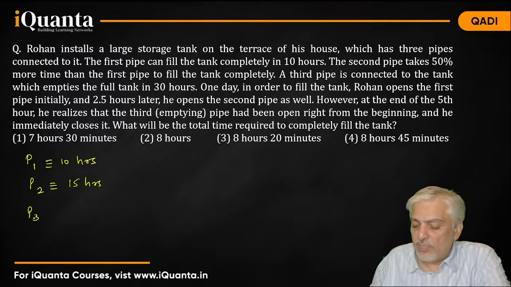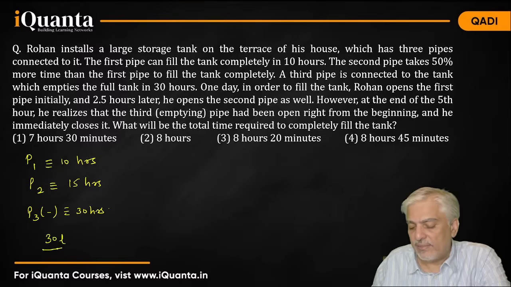While P3, which is the emptying pipe, can empty the whole tank in 30 hours. So I would start by taking LCM as 30, and that is my size of the tank, 30 liters. So P1 is filling 3 liters per hour. P2 is filling 2 liters per hour. And P3 is removing 1 liter per hour.